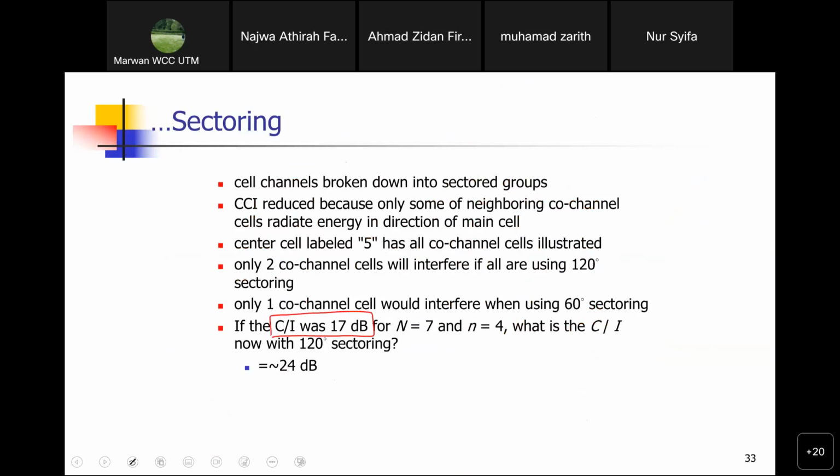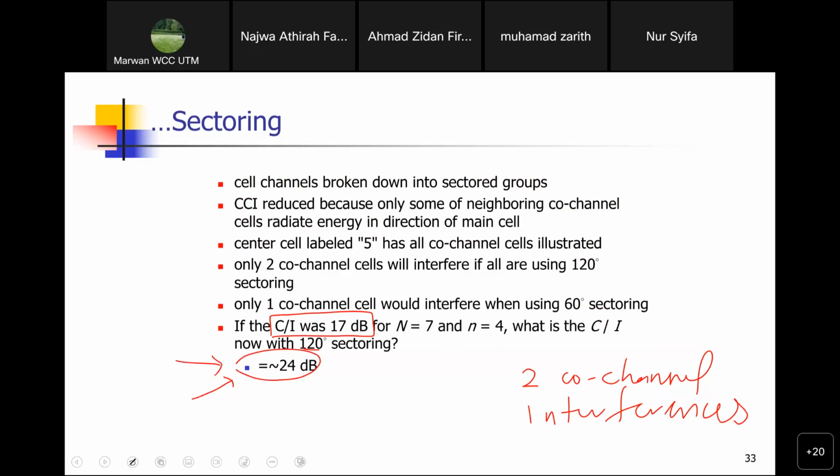If you're using sectorization of 120 degrees, meaning you only have two co-channel interferers, your C over I improves to around 24 dB. So please try to get this 24 dB.